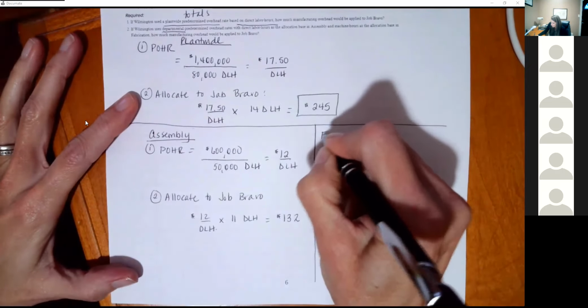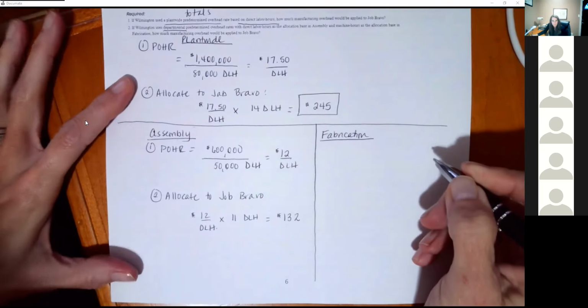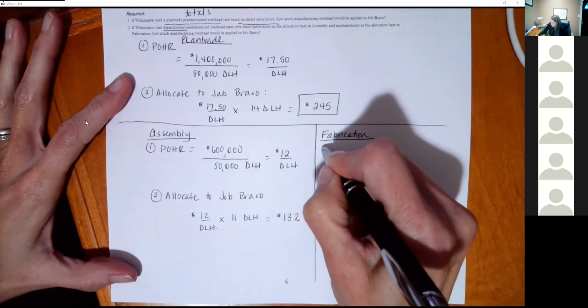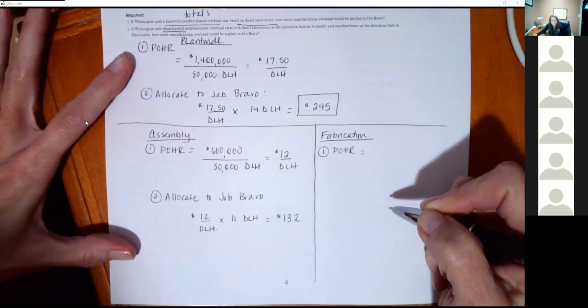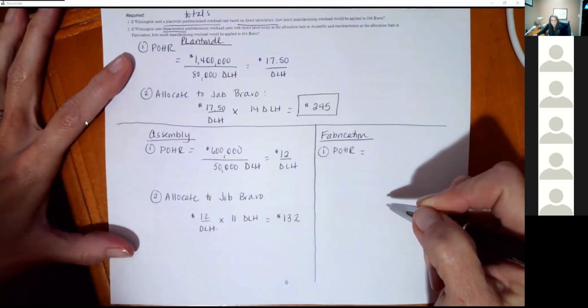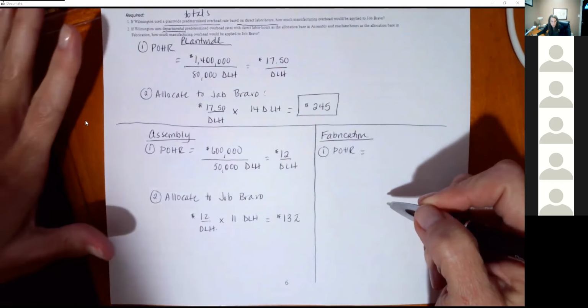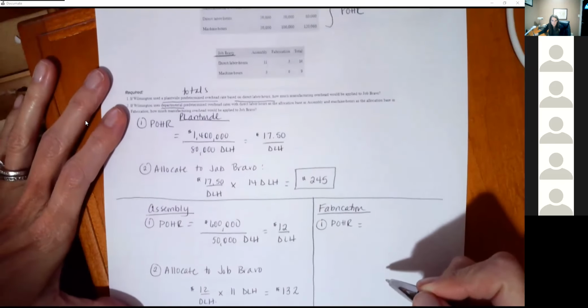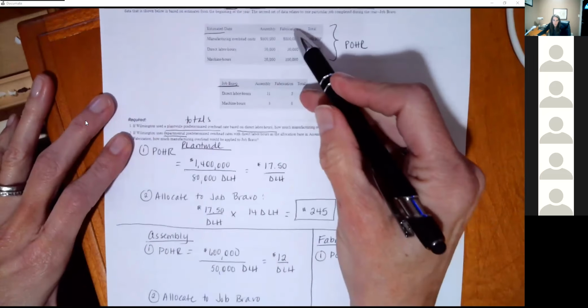Okay, and we're going to do the same exact thing for fabrication. So what is my numerator going to be to figure out the predetermined overhead rate for fabrication? 800,000. Right, I'm going to pull it from here.